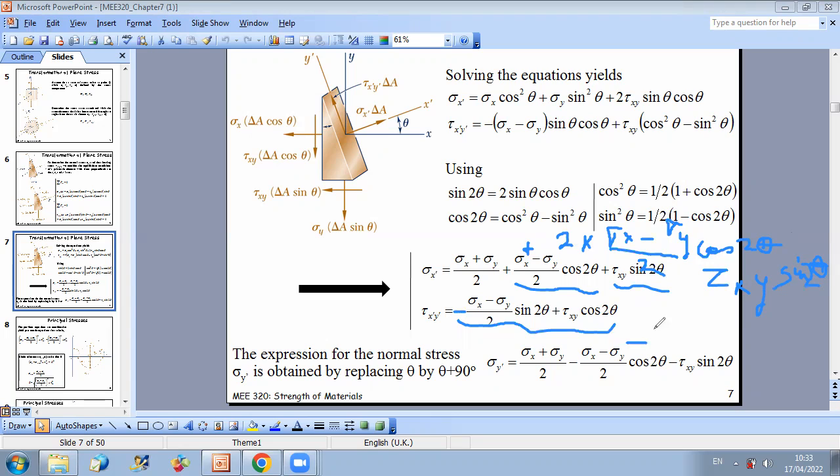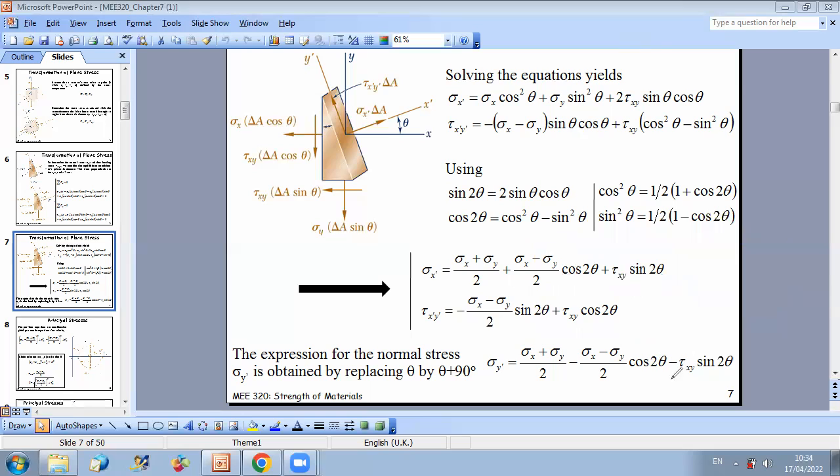So we get minus 2 times exactly the same term: (sigma x minus sigma y) over 2, sine 2 theta, times tau xy cosine 2 theta. So you have exactly the same combination: the term (sigma x minus sigma y) over 2 times tau xy, with cosine 2 theta and sine 2 theta. Because these terms are all the same but the sign is different, here it's plus, here it's minus, they will cancel out. And you will end up with the equation of a circle.